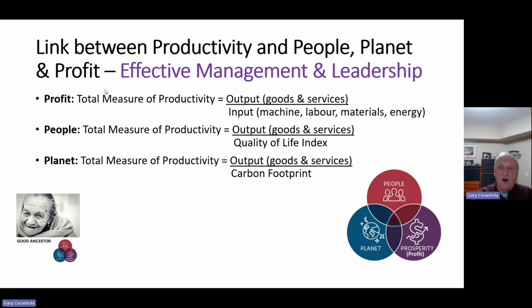If you looked at this from an economy point of view, this would be the total gross domestic product over the inputs of machine, labor, materials, and energy. And we'd see that. But then we want different measures in our next few generations to be able to materialize or realize the triple bottom line.